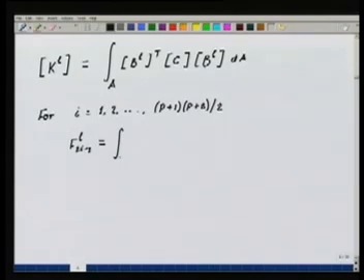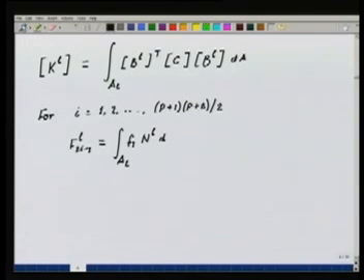Okay, this will be equal to integral over the area of the element, F1 in the element into Ni in the element.